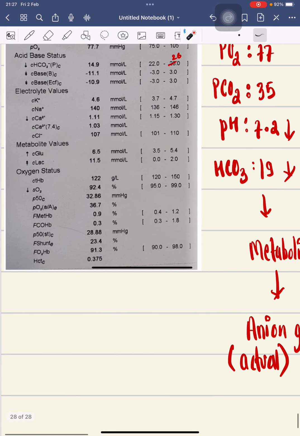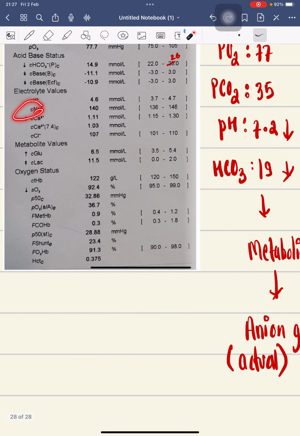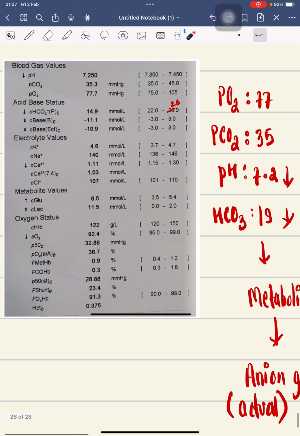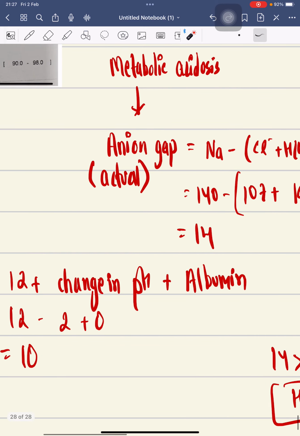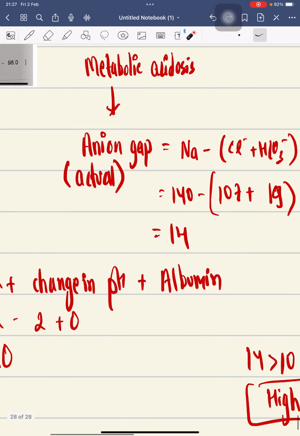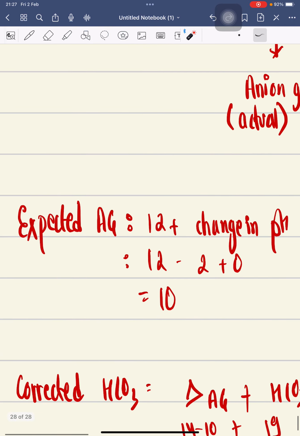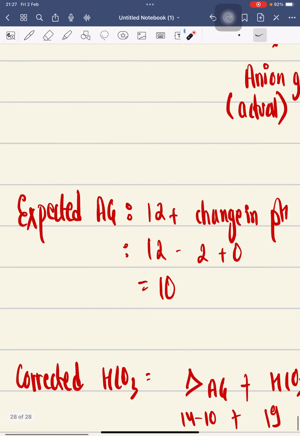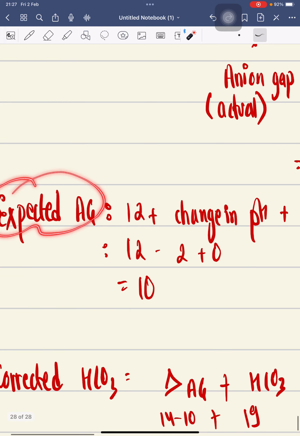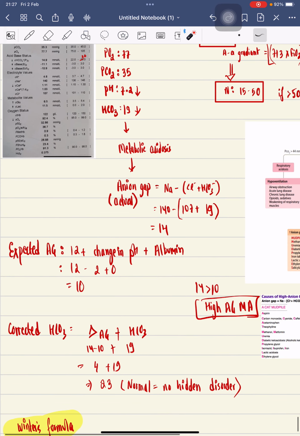In this we have sodium of 140, chloride of 107, and bicarbonate of 14. Using the formula we get our actual anion gap, but we have to see the expected anion gap. The expected anion gap in this case is 12.